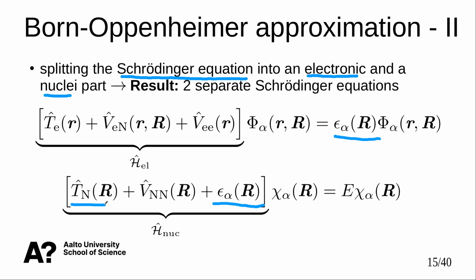Mainly it depends on the kinetic energy of the nuclei and the nuclear-nuclear interaction. And that one, the nuclei Schrödinger equation, we can solve classically. So we split our problem into some parts which we can treat classically, and some parts, the electronic part, which we can't treat classically. So we reduce the complexity of our system.